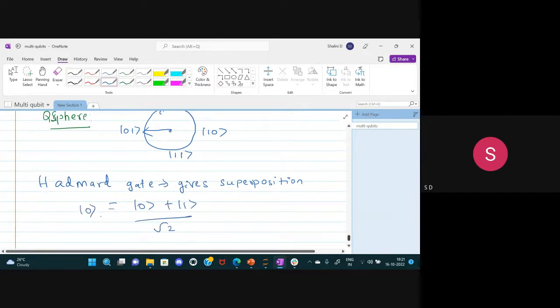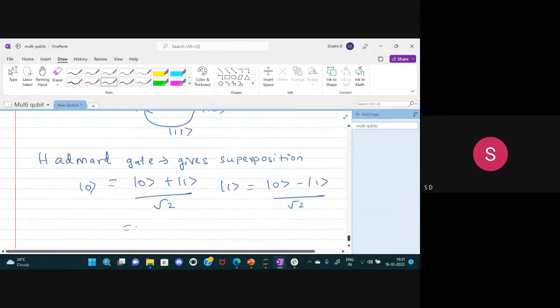For ket 1, it will be ket 0 minus ket 1 divided by root 2. I will write it like this itself, it is easy. So 1 divided by root 2 into ket 0 plus 1 divided by root 2 into ket 1.